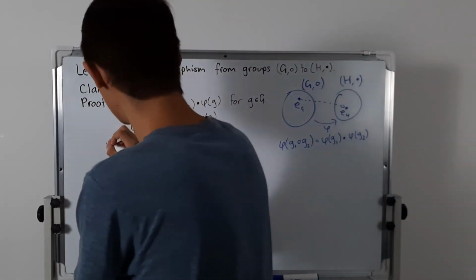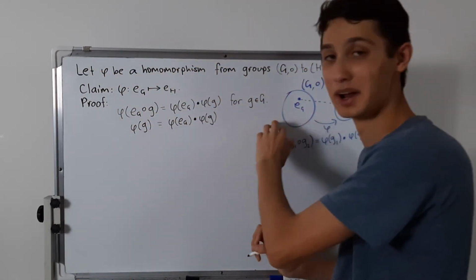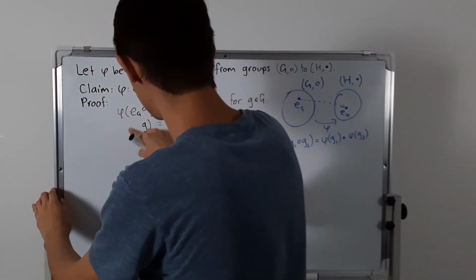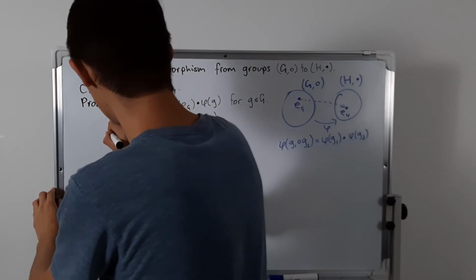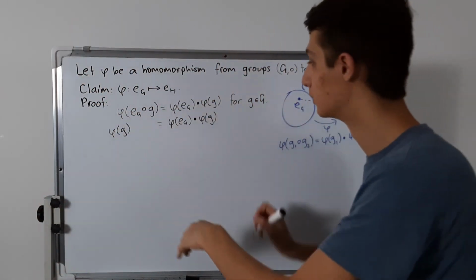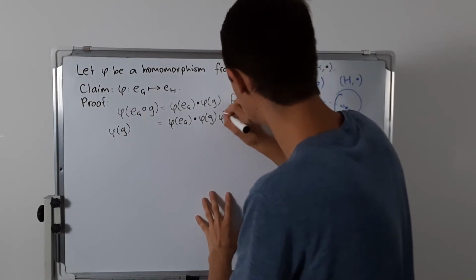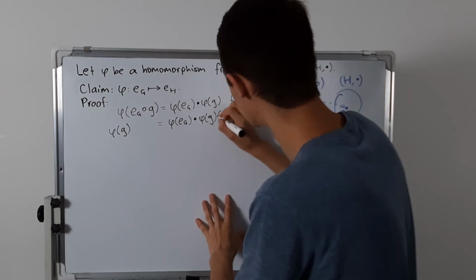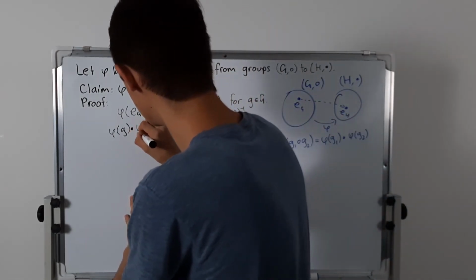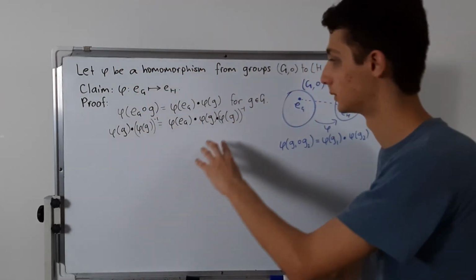Technically I'm doing a right multiplication, so let me move this over here. I'm going to right multiply on both sides, because we don't know if this is abelian or not. So we have phi of G inverse, let me put the composition there and the composition here. So it's the inverse of phi of G, right?